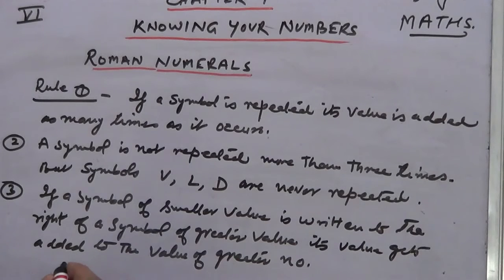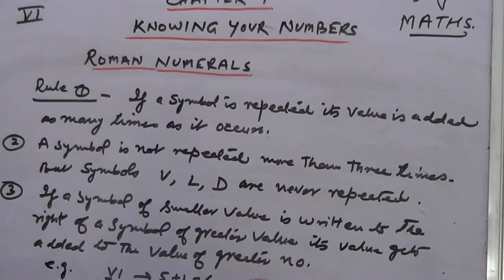Like, for example, V stands for 5 and we add I to it. It gives 5 plus 1 is equal to 6. The value of this symbol is 6. This symbol stands for 5 and 1 is placed at the right of it, so it is added to the value of 5 and it becomes 6.